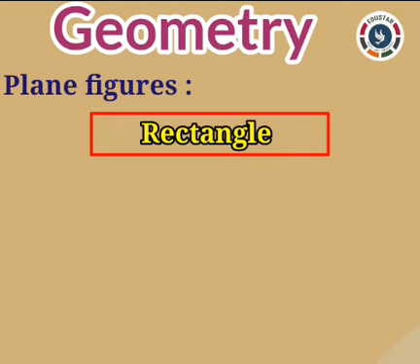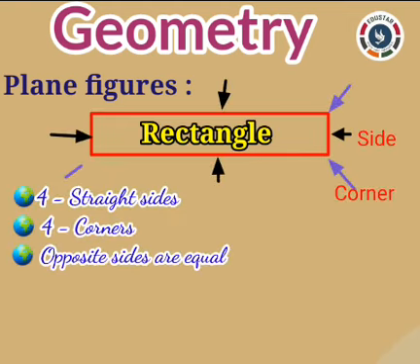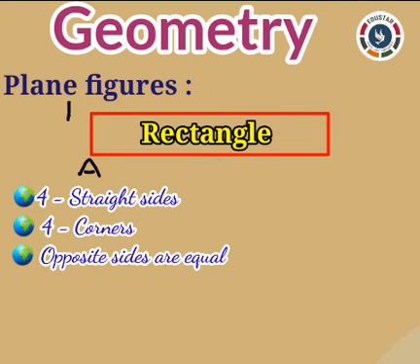First, rectangle. A rectangle has 4 straight sides and 4 corners. In a rectangle, the opposite sides are equal. Now see here, this A, B, C, D is a rectangle. In this, AB, BC, CD and AD are sides. That is, it has 4 sides.